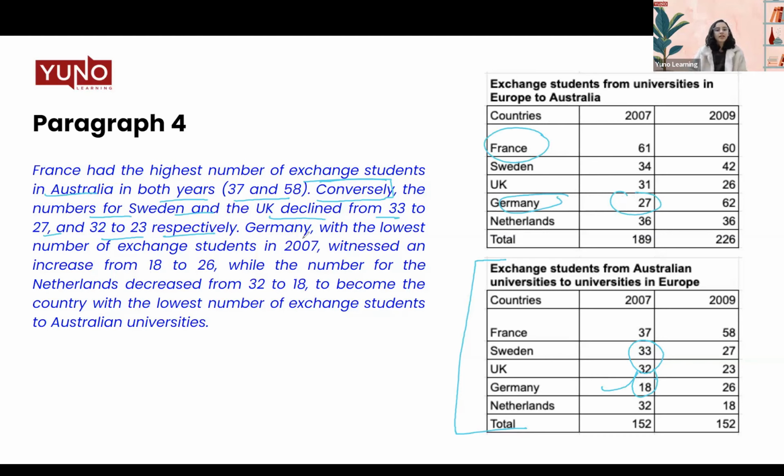Then Germany, with the lowest number of exchange students in 2007, witnessed an increase from 18 to 26, while the number for the Netherlands decreased from 32 to 18 to become the country with the lowest number of exchange students to Australian universities. So you see, I used while and then I compared Germany and the Netherlands because one was increasing slightly, one was decreasing.